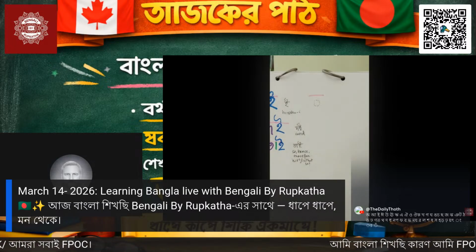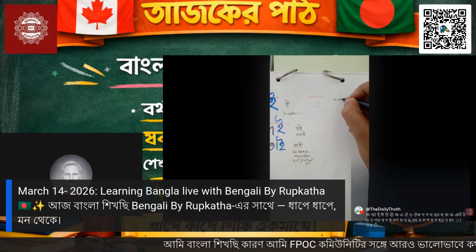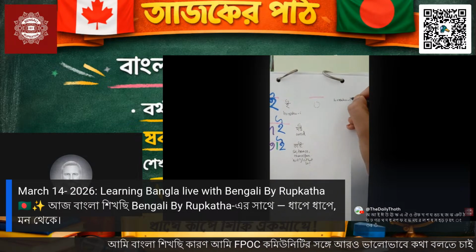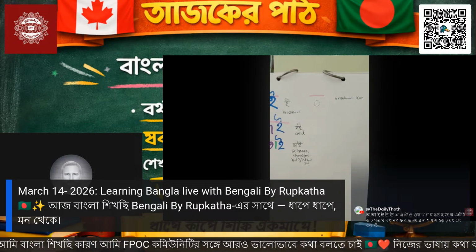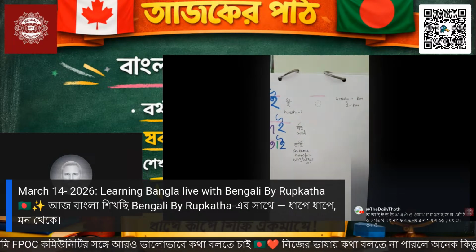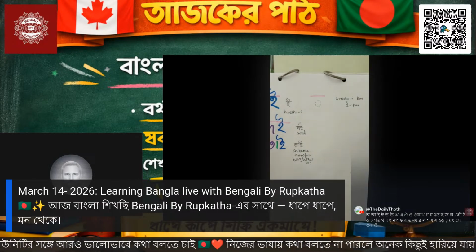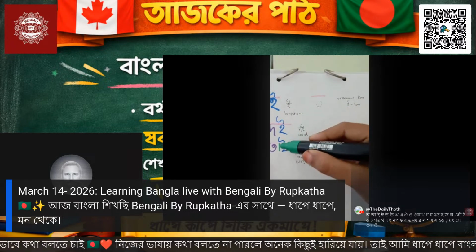Now for Rosho E kar, let me write it down. It's called Rasho E kar. I hope it's self-explanatory why it is so. Rasho E kar comes to the left of Banjan Borno.